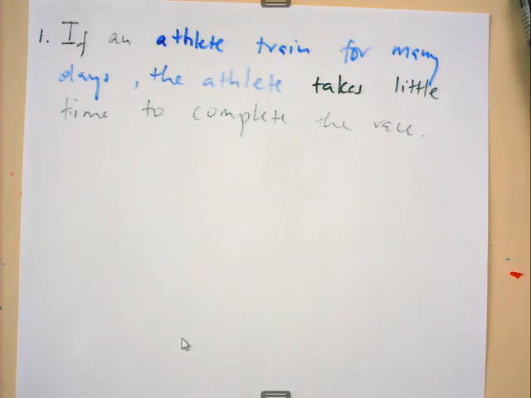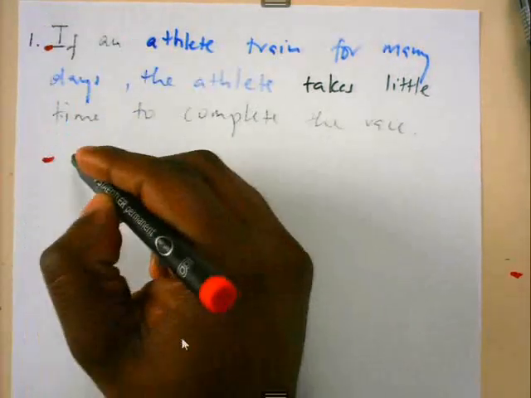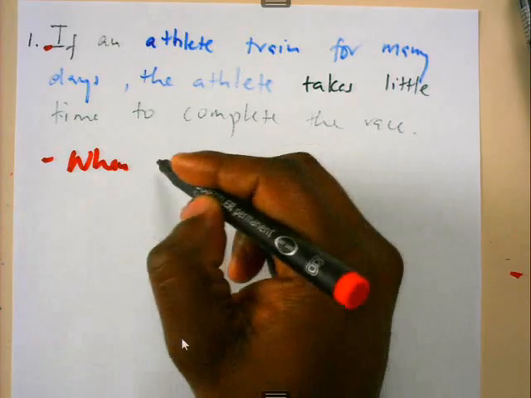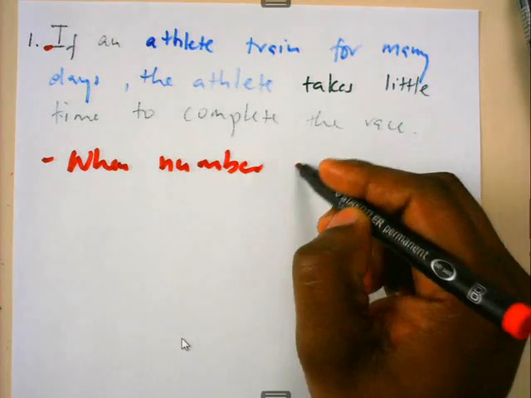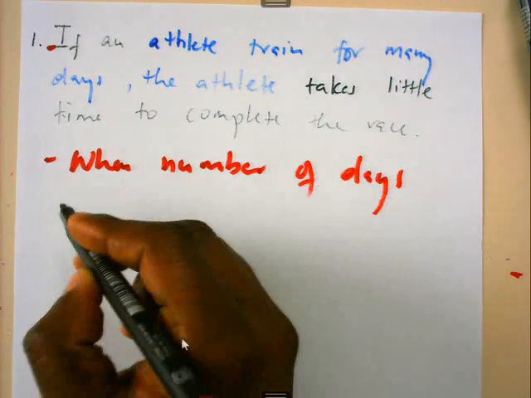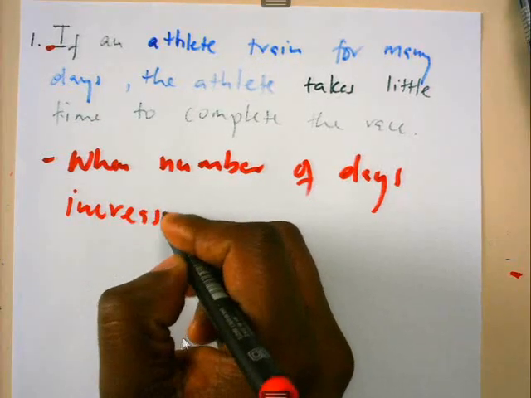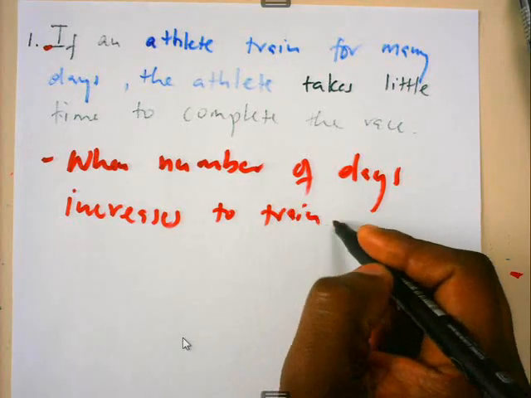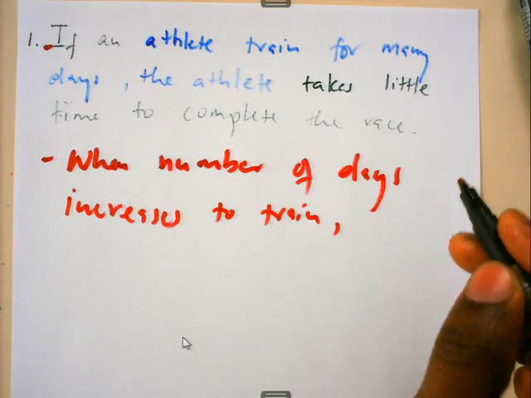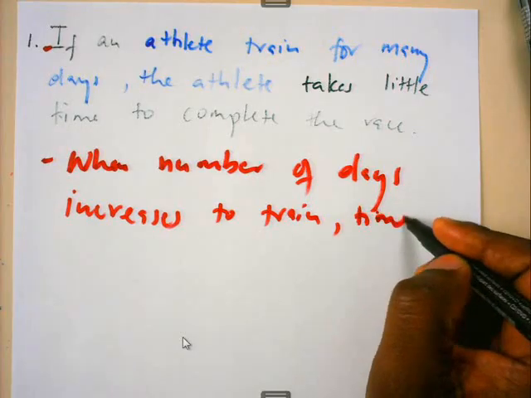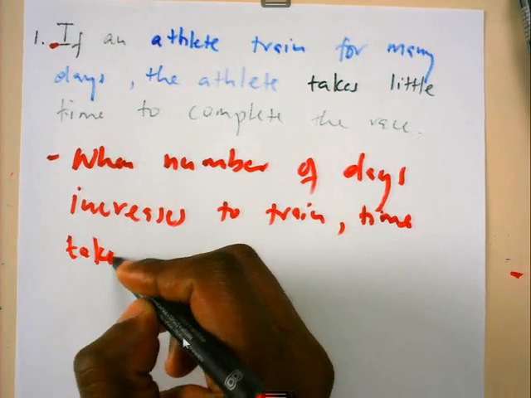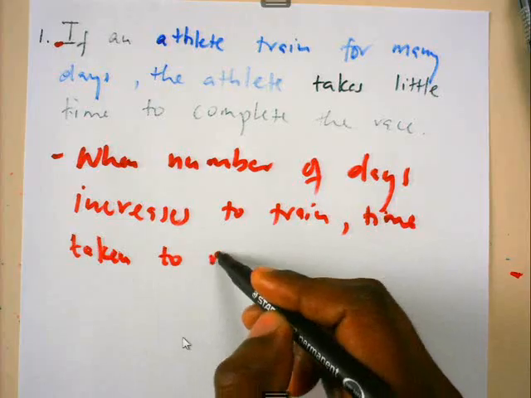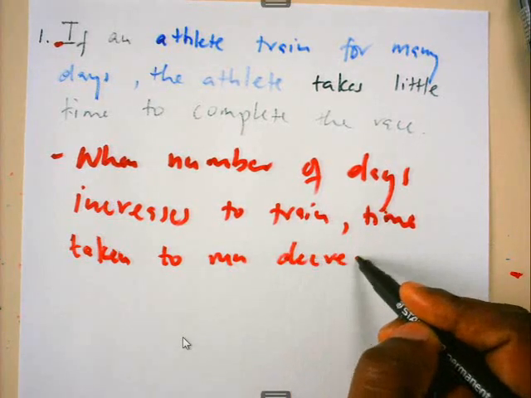As the number of days the athlete used to train increases, let me write this another way. When the number of days to train increases, time taken to run decreases.